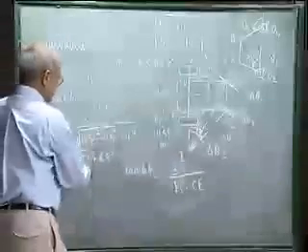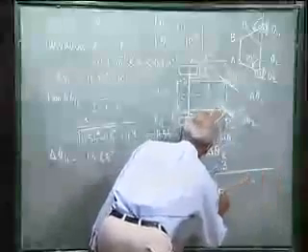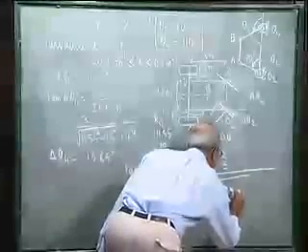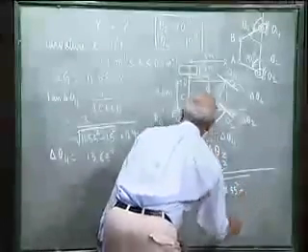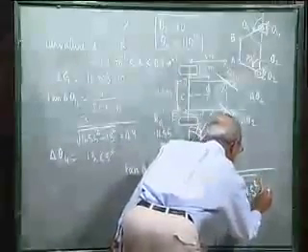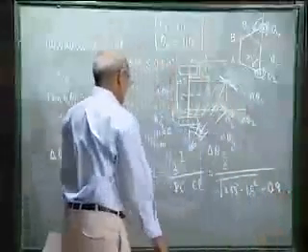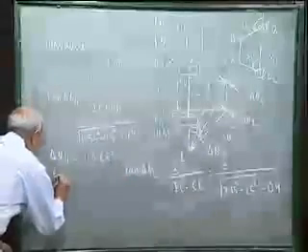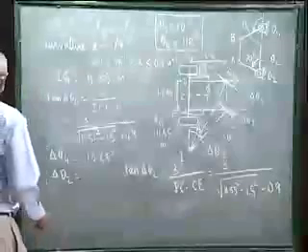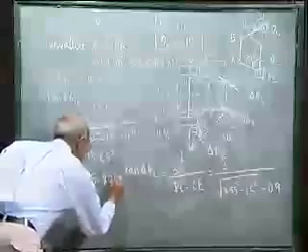And IC we have already got here, so it is 3 divided by square root of 11.55 squared minus 1.5 squared minus 0.9. If you calculate this, you will get delta theta 2 is 15.87 degrees.